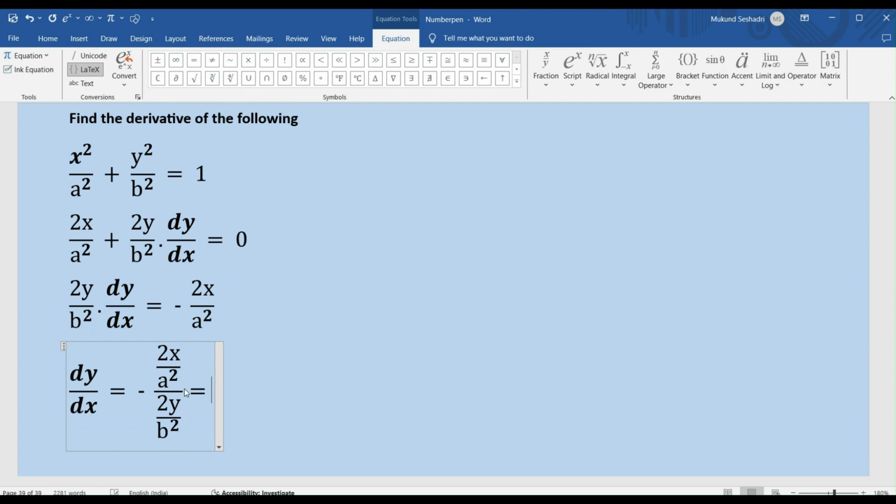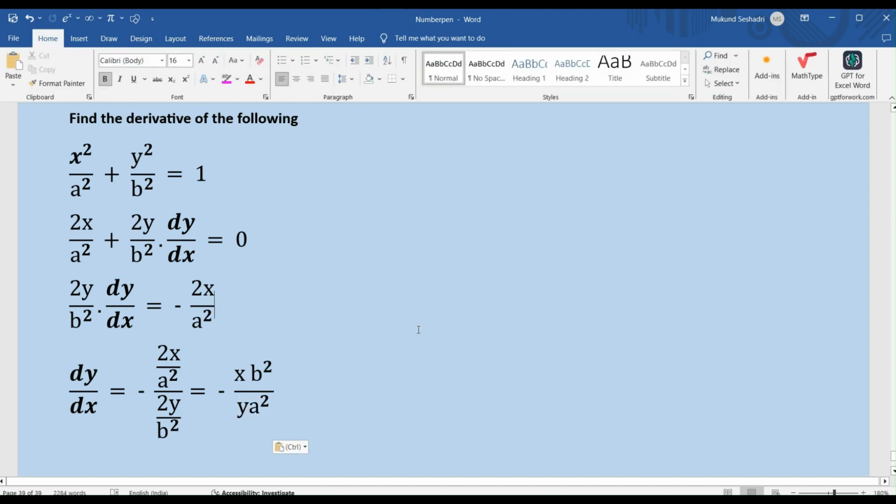Now my 2 and 2 get cancelled out, and then I'm left with minus x. I move the b square up, right? So I'm left with minus x times b square divided by y times a square, right?